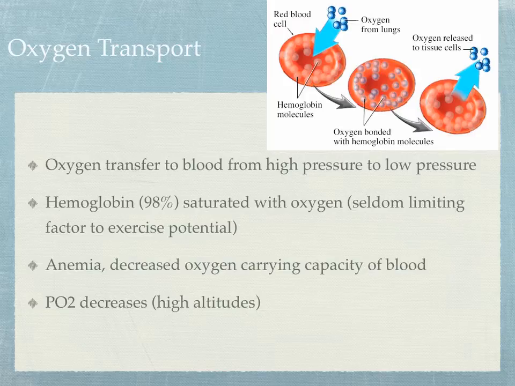When you're at higher altitudes, there's less air compressed, and so there's a lower pressure. And when we have lower pressure, we have lower partial pressure of oxygen, and so we don't have as much pressure to transfer the oxygen from the lungs into the capillaries.